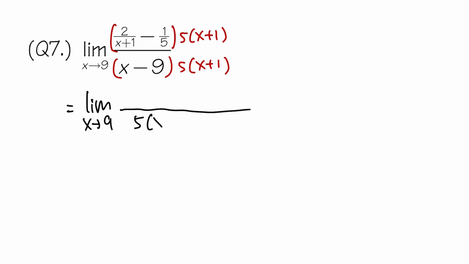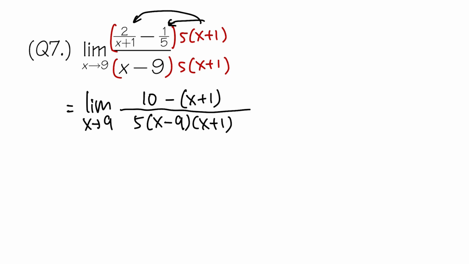We have 5 times x minus 9 times x plus 1. And then for the top, we distribute. The first part, x plus 1 will cancel, so we just do 2 times 5. So we get 10. Next, we have a minus, and then this times that, the 5 will cancel, and we just have the parentheses, which is x plus 1.